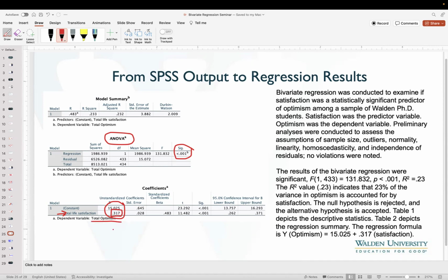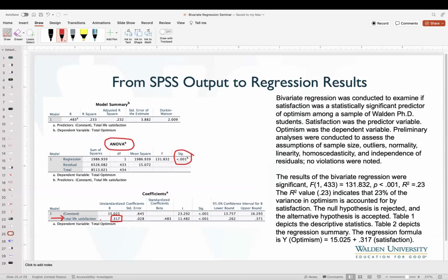Does everybody see that? I'm going to do that again, okay? Here's the slope of 0.317, okay? What that means is that for a 1 unit increase in this variable, so let's just say that one person scored a 15 on their life satisfaction instrument.